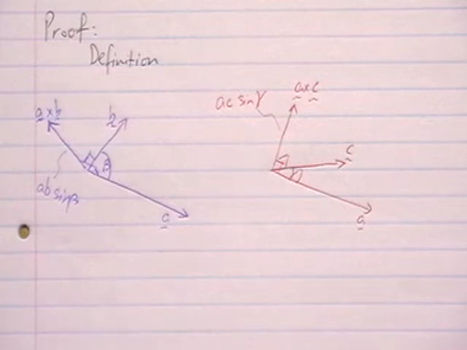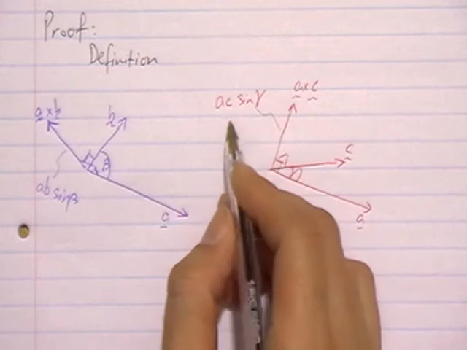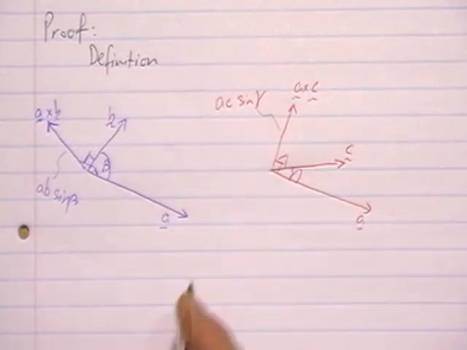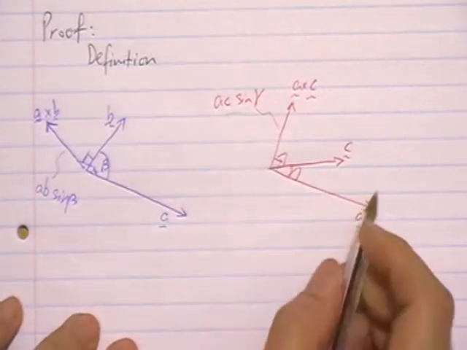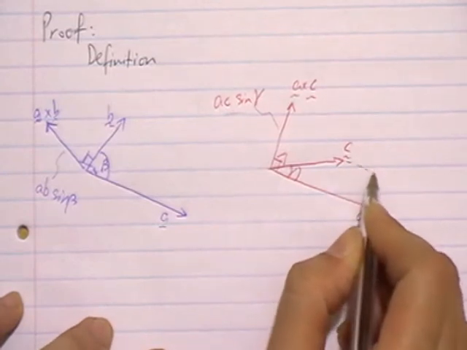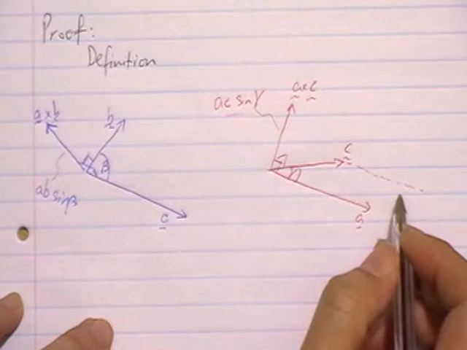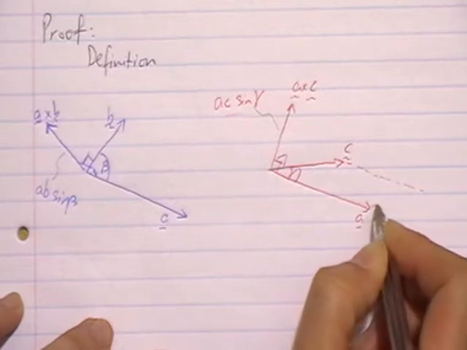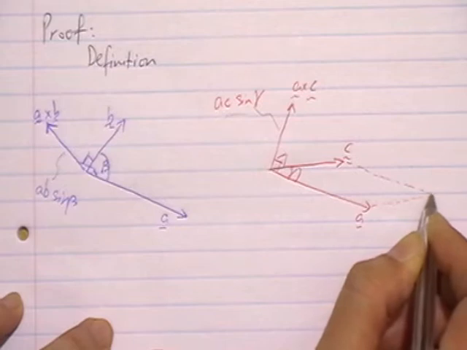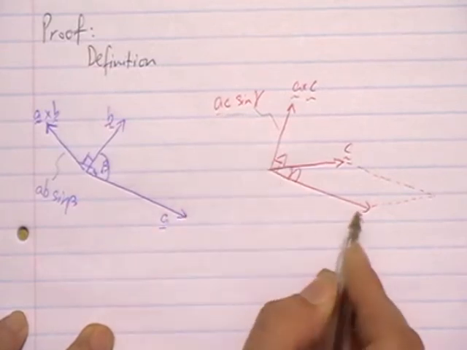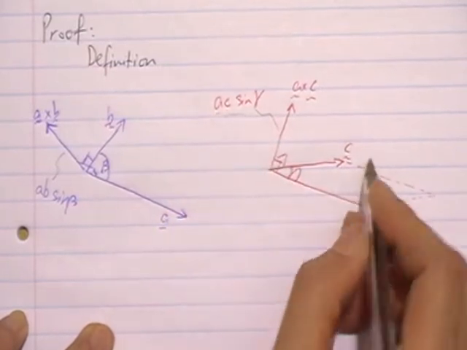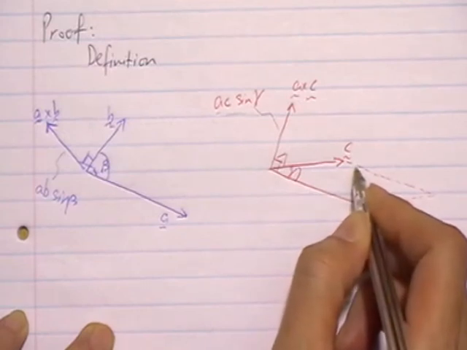Now, while we are here, you remember from the last session, this length, this magnitude is actually equal to the area of this parallelogram formed by A and C. Simply because if you think of A as the base, then C times sine gamma is just the height.